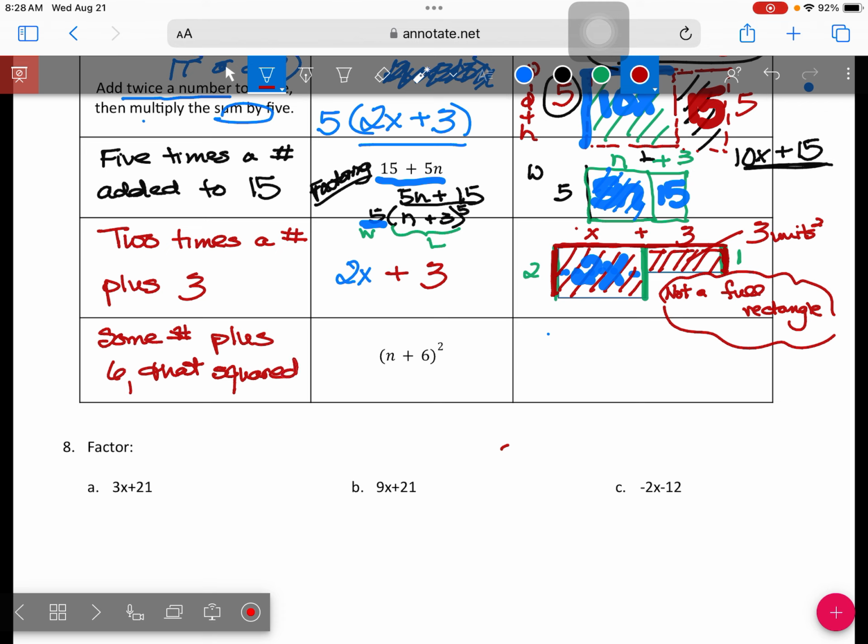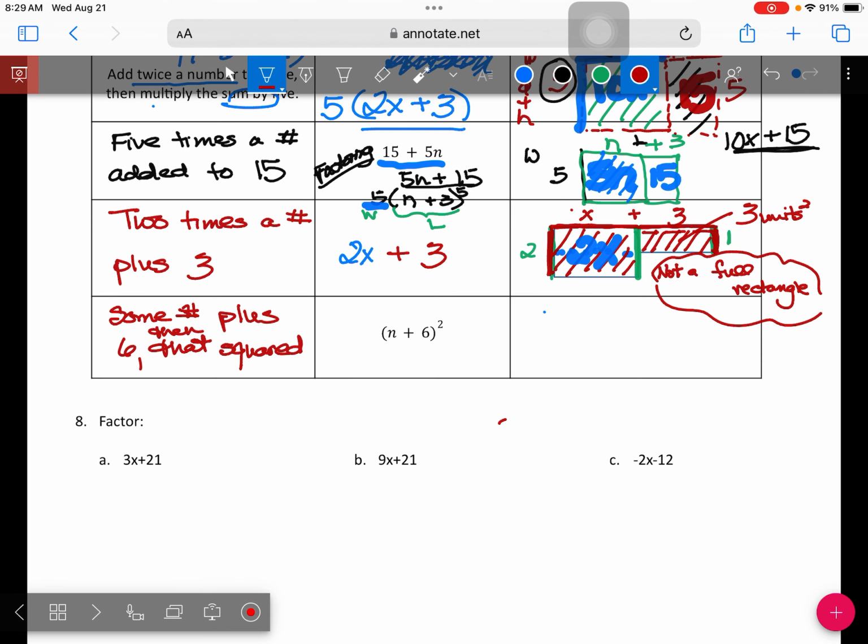Some number plus 6, that squared. Or then that squared. Or you can say square the sum of n, some number, and 6. I mean, there's several ways. All right, but what is this going to look like?